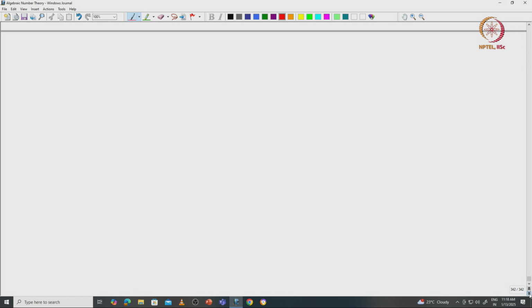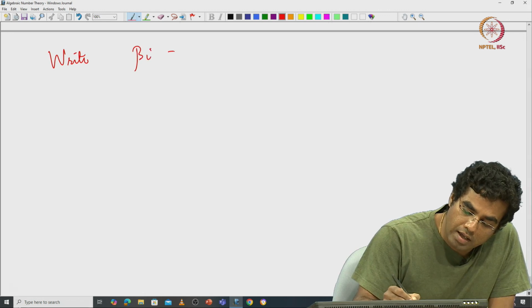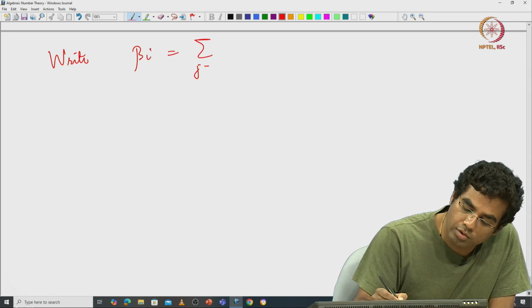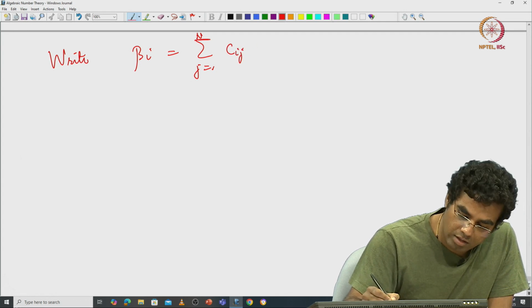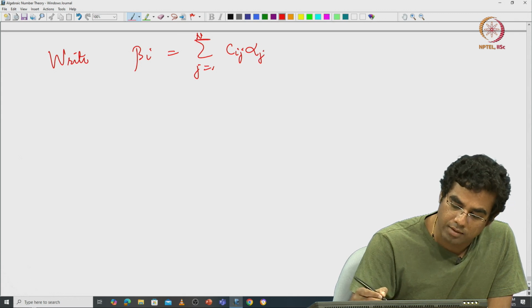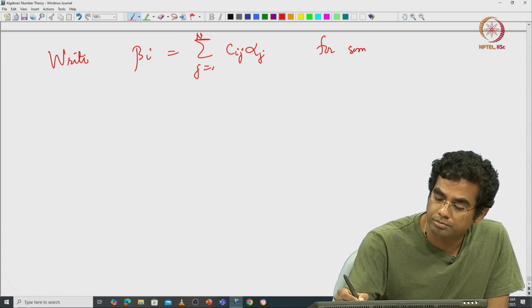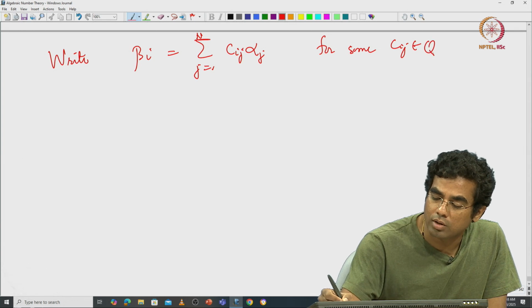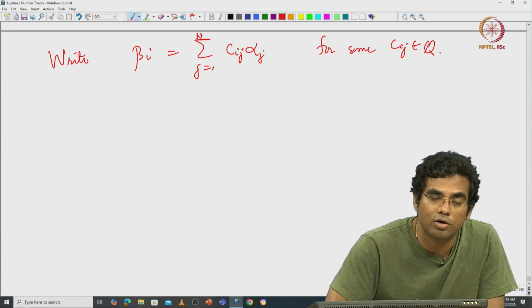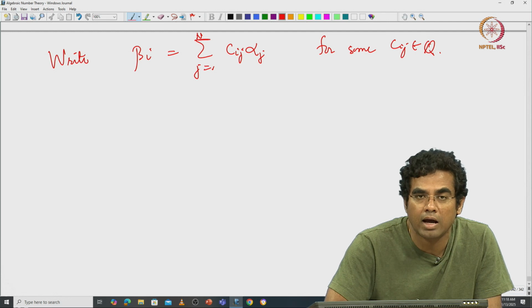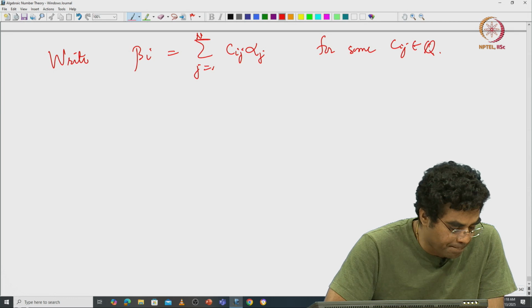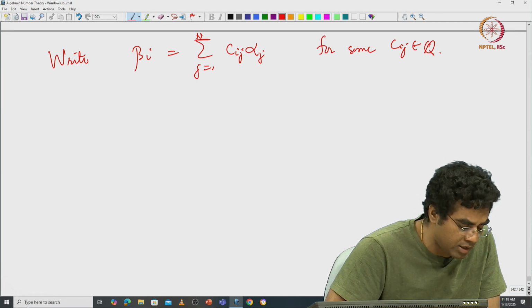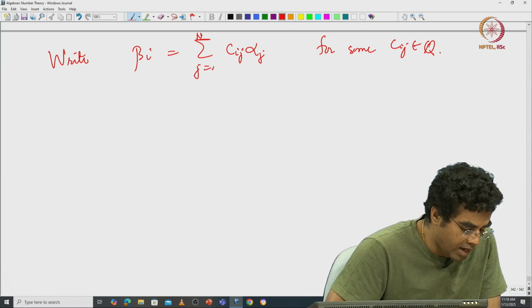So, what I can do is write beta i as the summation over j going from 1 to capital N of C i j times alpha j, for some C i j in Q. These C i j's of course need not be in Z. If the C i j's are in Z, then beta i will be in OL, but we are not guaranteed to have the dual basis inside OL. The alpha i's are in OL, but that does not mean that the beta i's are also in OL.